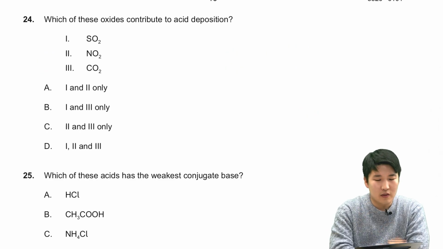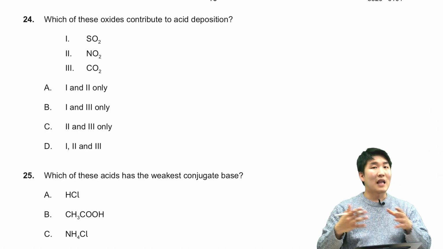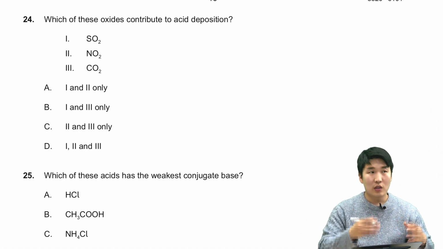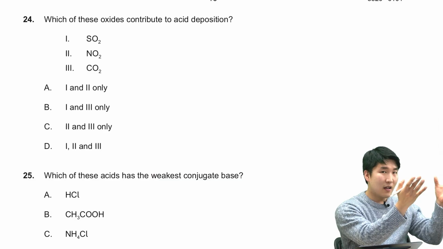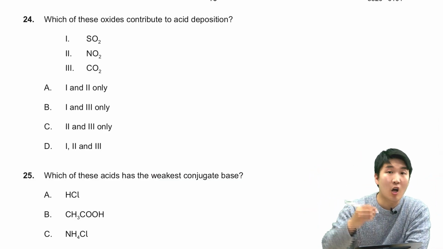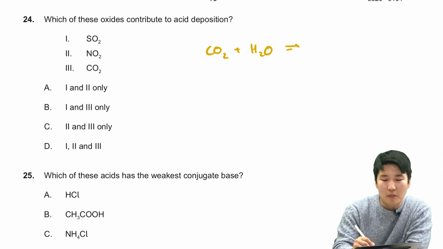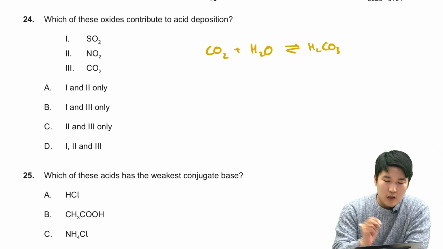Acid deposition is different to acid rain in that acid rain is a natural phenomenon due to carbon dioxide in the air dissolving in the water vapors of rain and becoming carbonic acid. CO2 plus H2O will become H2CO3, carbonic acid.